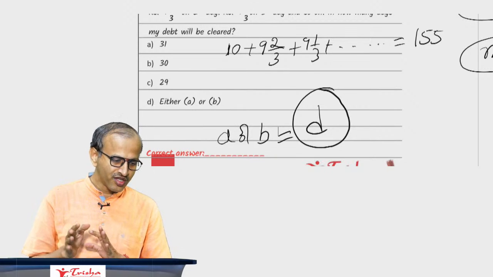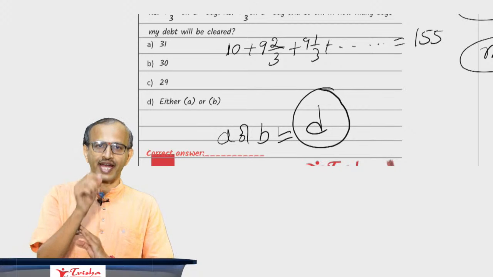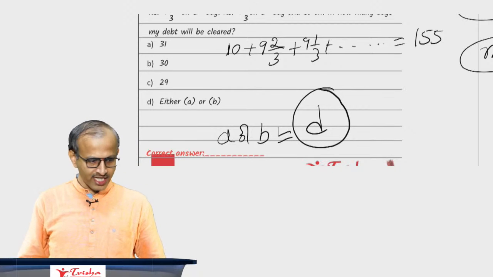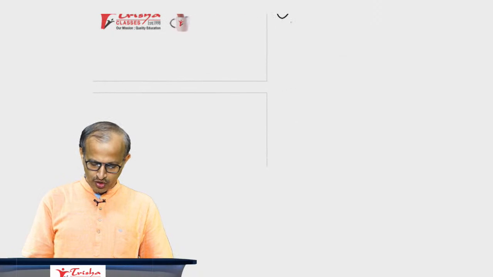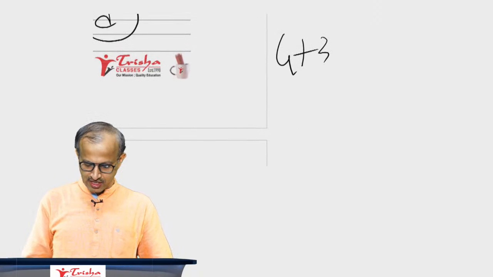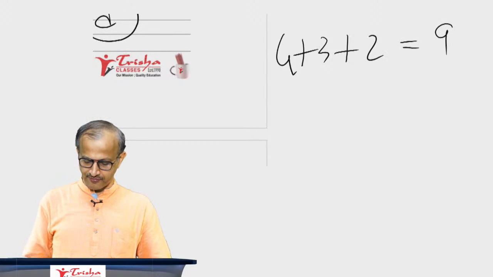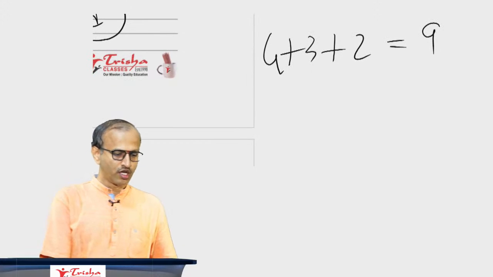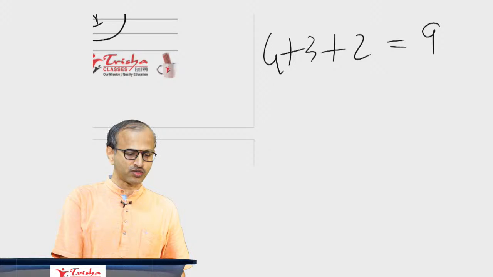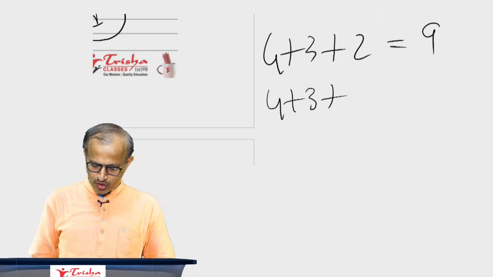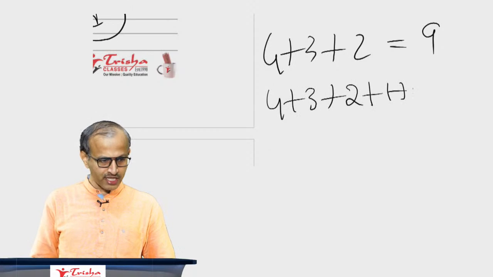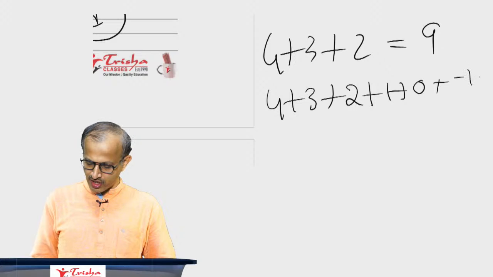Yes, no? Okay. So all of you write, as I am writing here: 4 plus 3 plus 2 is equal to 9. Any doubts? No. But I will make that AP, just continue like this: 4 plus 3 plus 2 plus 1 plus 0 plus minus 1.